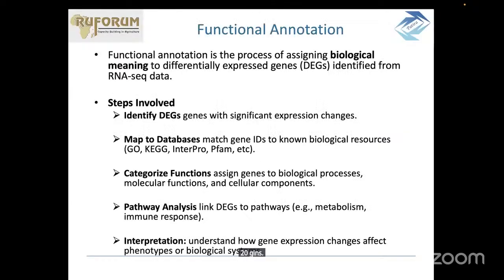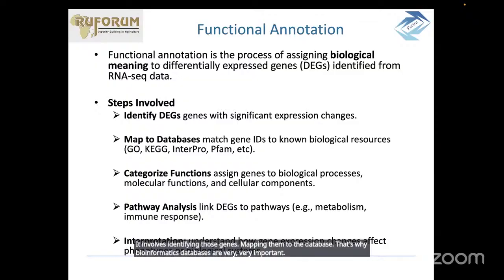So the functional annotation. What do you do? Functional annotation is the process of assigning biological meaning to those genes that are expressed. So how do you do it? It involves identifying those genes and mapping them to databases. That's why bioinformatics databases are very, very important.